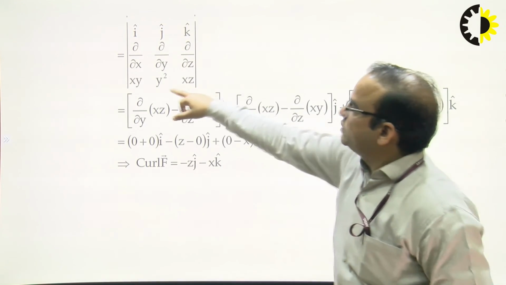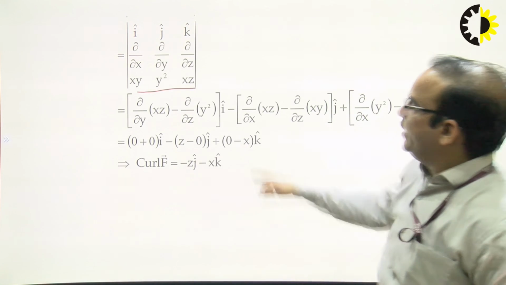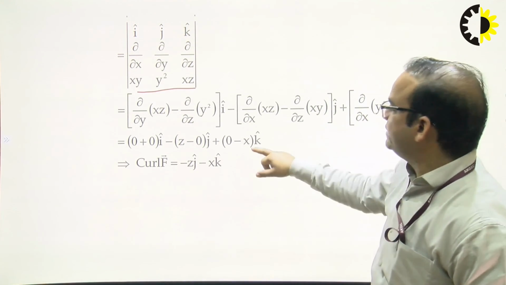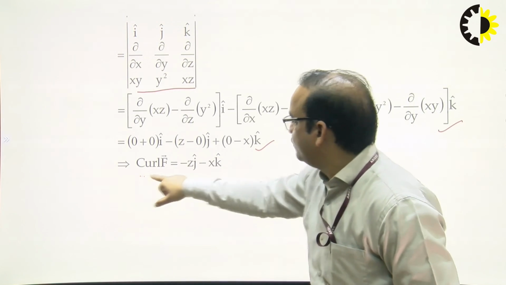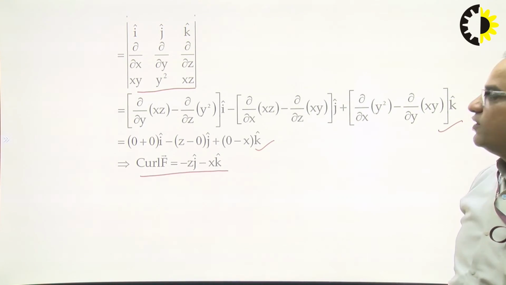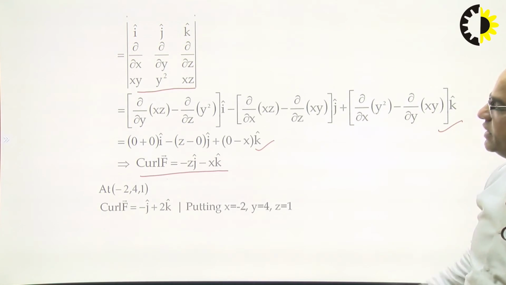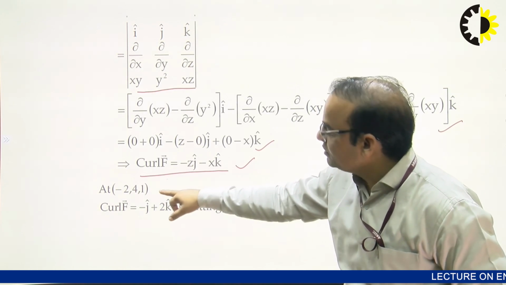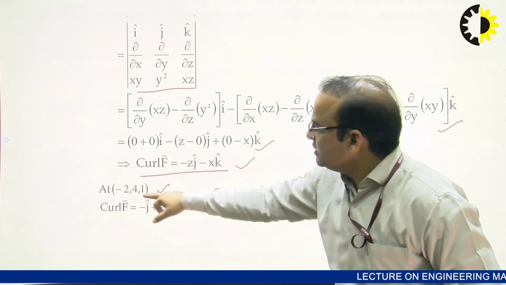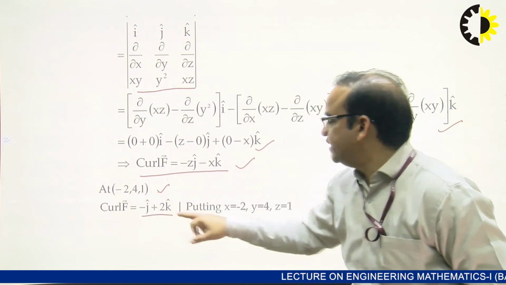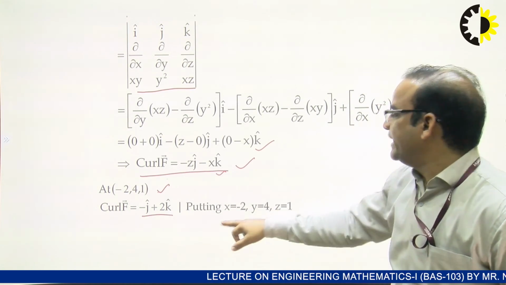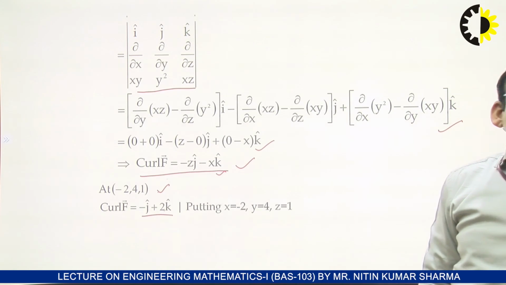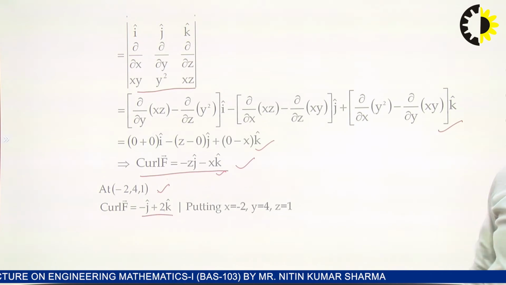These are the components of the given vector, and when we solve it using the determinant, we get this vector, which is the curl of the given vector F. So this was the general vector. Now, to evaluate it at the given point (-2, 4, 1), we put the values of x, y, z into the curl of F. Then we get -j plus 2k. So this was the curl of the given vector.